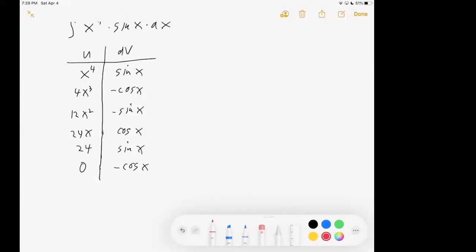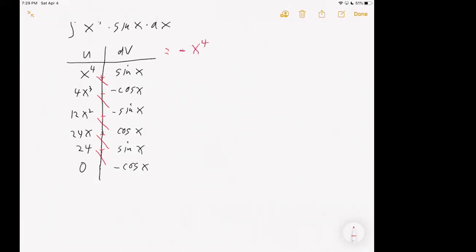Now all I have to do is connect the diagonals. Make sure I get them right. There we go. And it's plus, minus, plus, minus, plus. So the answer is going to be negative, the first diagonal, it's a positive, but there's a negative cosine. So negative x to the 4th cosine of x.